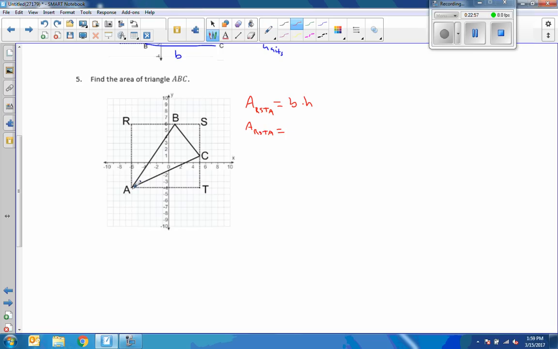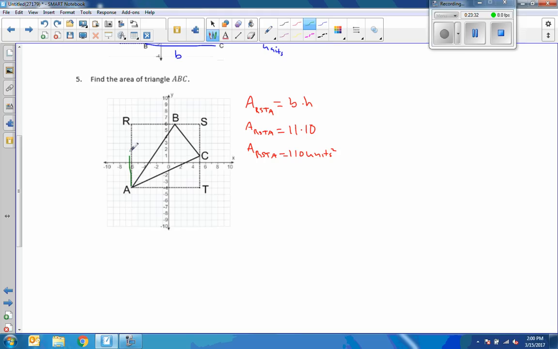The base, which goes from -6 to 0, is 6, and 0 to 5 is 5. 6 plus 5 is 11, times the height: -4 to 0 is 4, and 0 to 6 is 6. 4 plus 6 is 10. So the area of rectangle RSTA is 110 units squared.